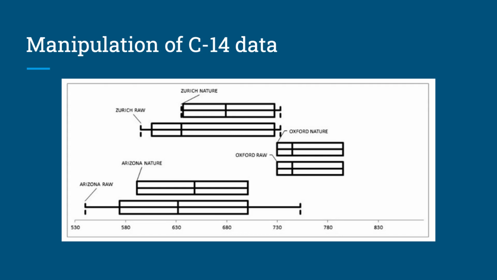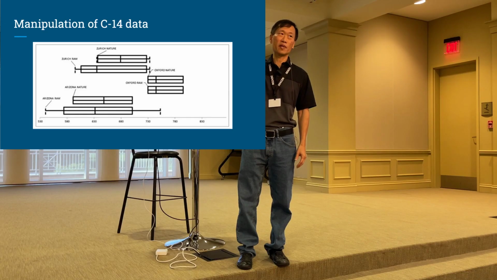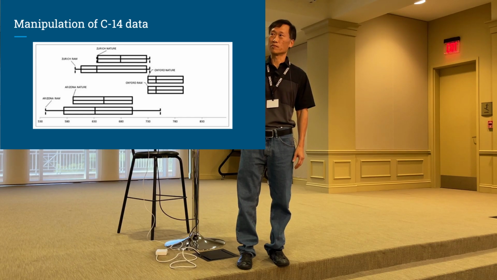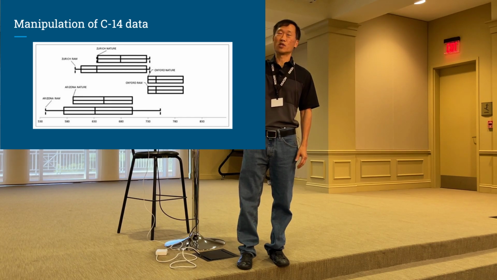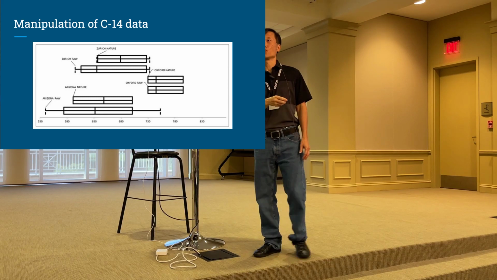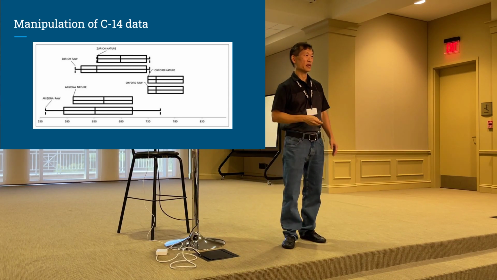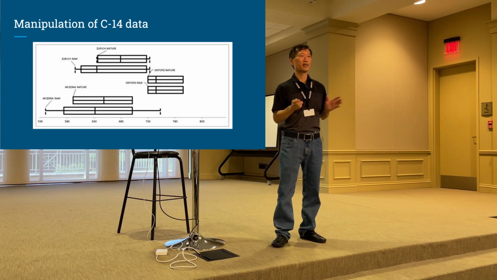Zurich submitted their data, that top part, but right below that is all of their data. So they dropped some of the dates. Oxford didn't drop any of their dates. What they gathered, they reported. And Arizona dropped some of their dates as well. The top one is what they reported. The bottom is the dates that they collected. So two of the labs dropped some of their dates. The question is, why did they do that?